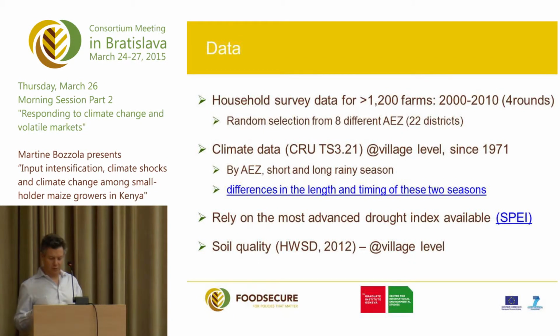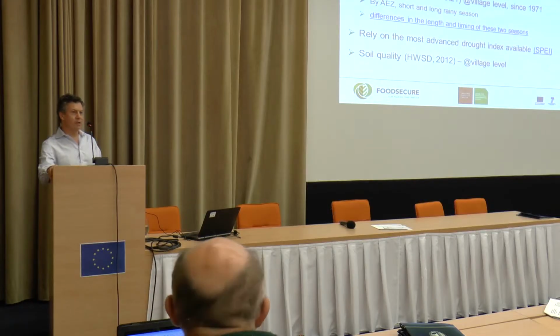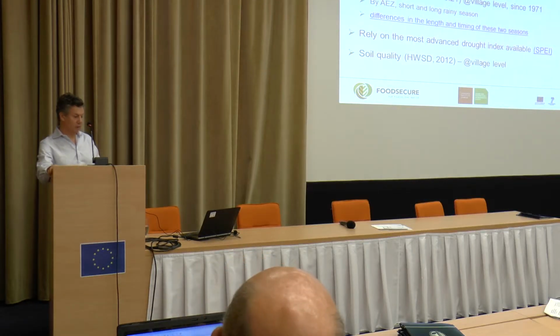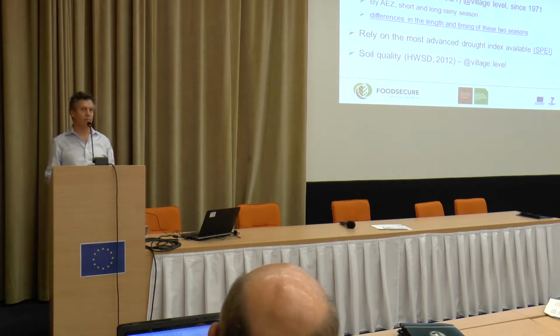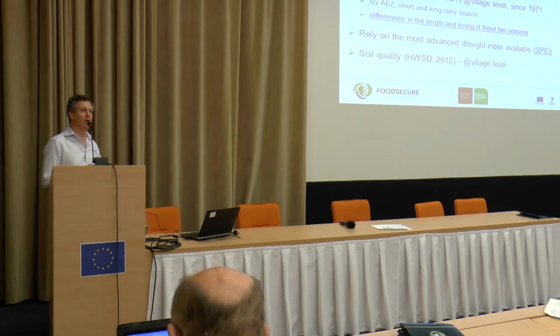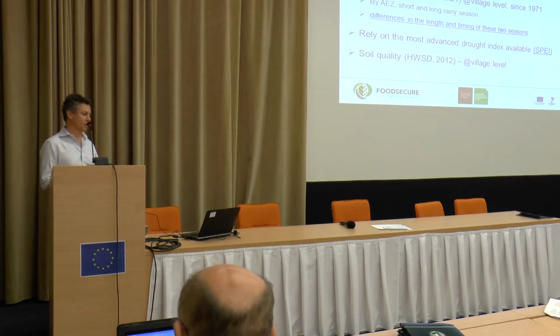The data that was used for this case study is the reasonably well-known Tegemeo data set, which consists of household survey data covering more than 1,200 farms in Kenya over 8 different agroecological zones, but excluding the pastoral zone.